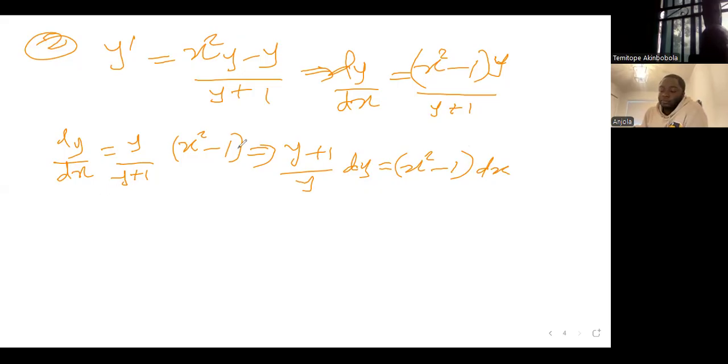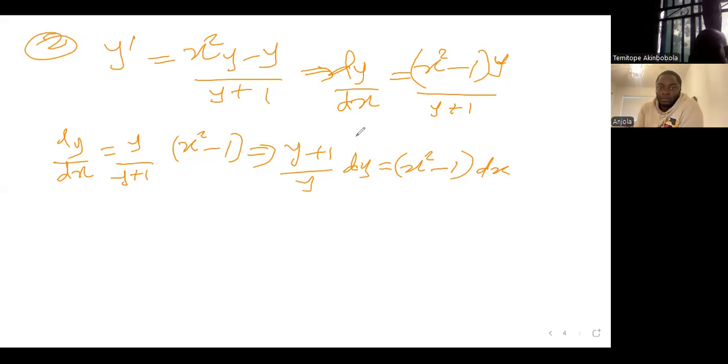The best thing to do on the left-hand side is to divide each term in the numerator by y. If you are thinking of the techniques of integration to use, probably you want to think of integration of the form f prime over f, which will not work here.